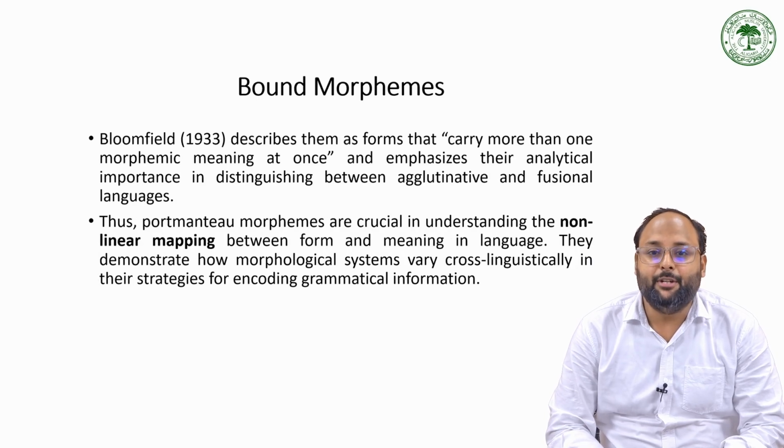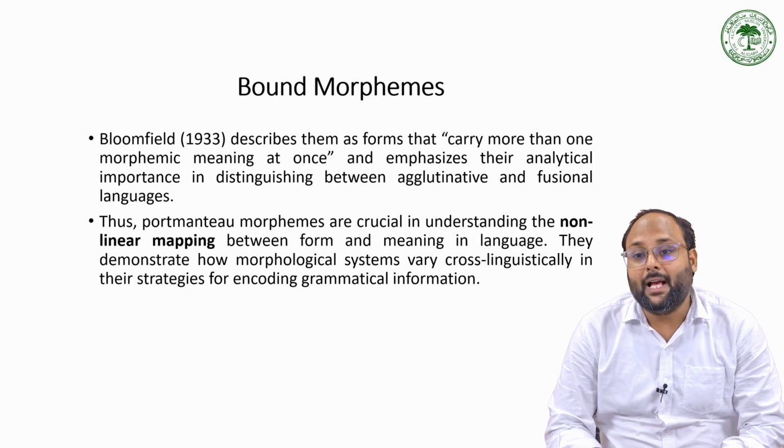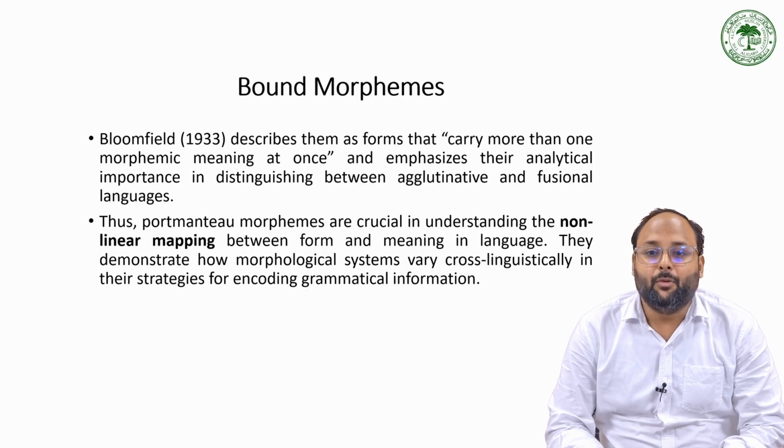Bloomfield describes them as forms that carry more than one morphemic meaning at once. And it emphasizes that there is analytical importance in distinguishing between agglutinative and fusional languages. So with the help of portmanteau morphemes, we can differentiate between agglutinative and fusional languages, because agglutinative languages have each meaning represented by different affixes, but in fusional languages one morph or one morpheme represents many grammatical features at once.